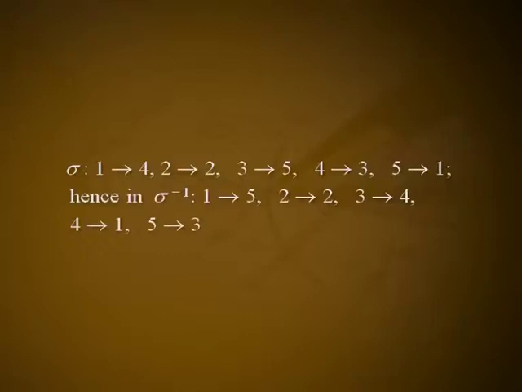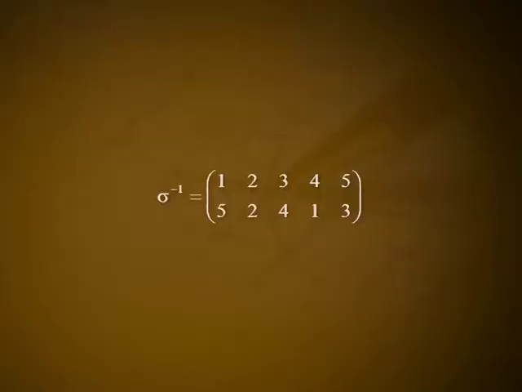Now, we find σ⁻¹. σ is the permutation 1→4, 2→2, 3→5, 4→3, 5→1. Hence, in σ⁻¹, the permutation is 1→5, 2→2, 3→4, 4→1, 5→3, and we denote it in the standard form σ⁻¹ equal to the permutation 1→5, 2→2, 3→4, 4→1, 5→3.